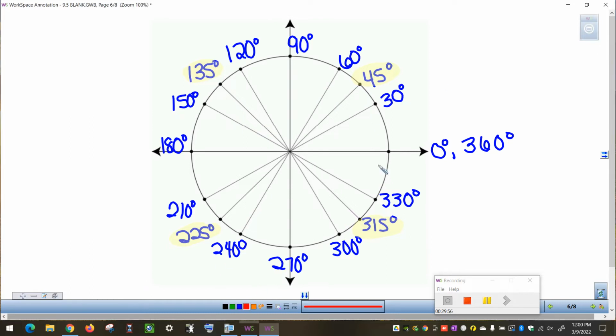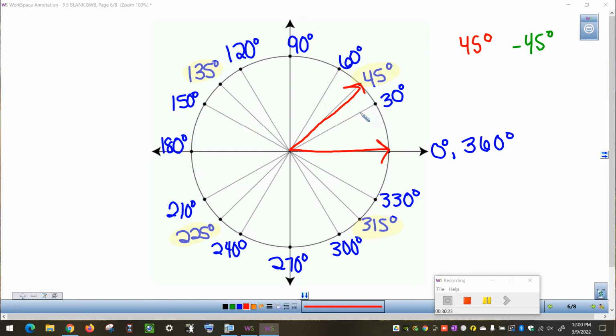But here is an example I want to give you. Let's say that we wanted to draw 45 degrees and then we also wanted to draw negative 45 degrees. Well, positive 45 degrees has an initial side. The initial side is always here. This would be the terminal side. See if I can draw that a little bit better. And we're going counterclockwise because we want it to be positive.